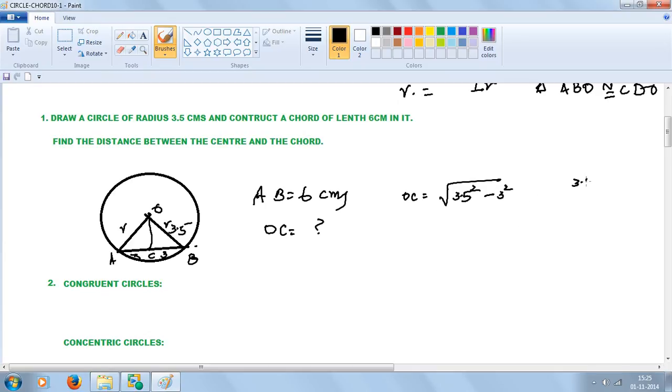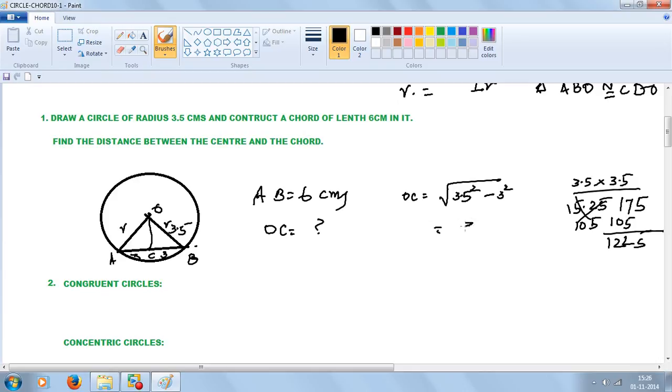So what is 3.5 square? 3.5 multiplied by 3.5 is 12.25, minus 3 square which is 9.